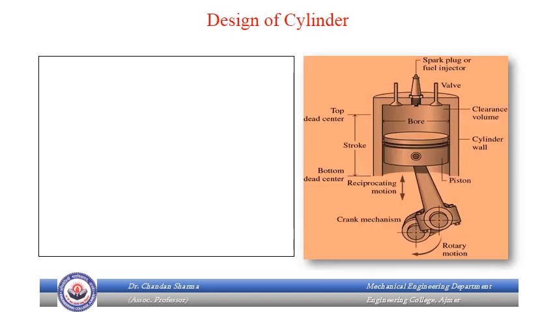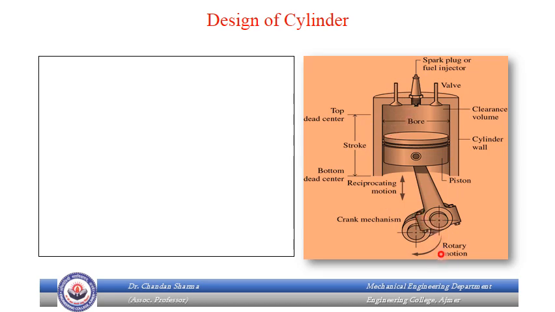Now let us come on to the main topic, that is design of cylinders. When we talk about design of cylinder, what are we supposed to design? This is a line diagram of a cylinder piston assembly.